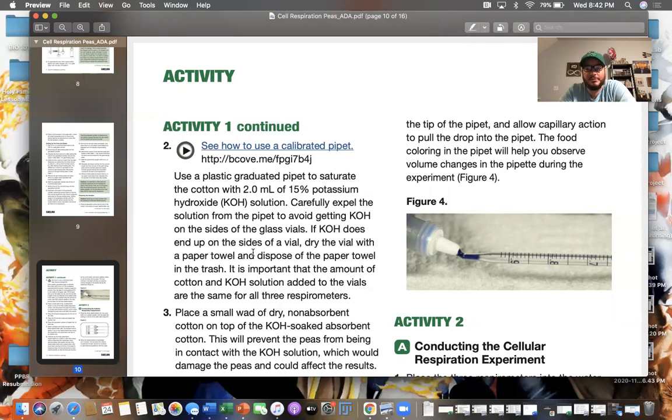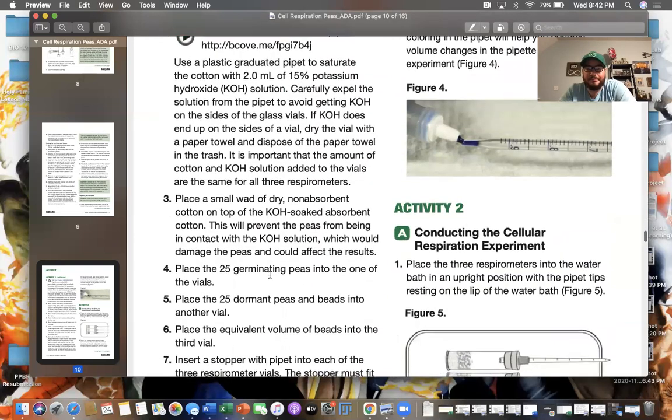If KOH does end up on the side, dry the vial with a paper towel and dispose of the paper towel in the trash. It is important that the amount of cotton and KOH solution added to the vials are the same. Place a small wad of dry, non-absorbent cotton, which is this one, on top of the KOH soaked absorbent cotton.